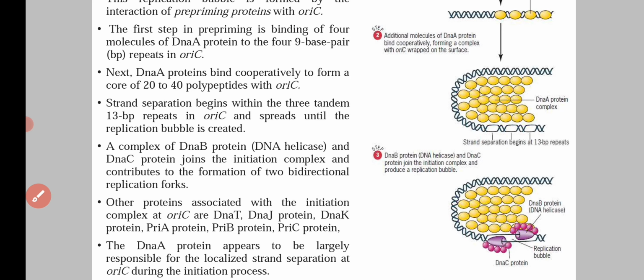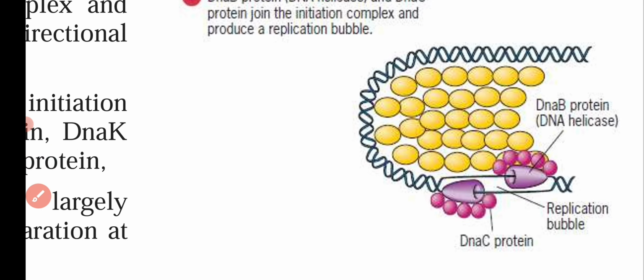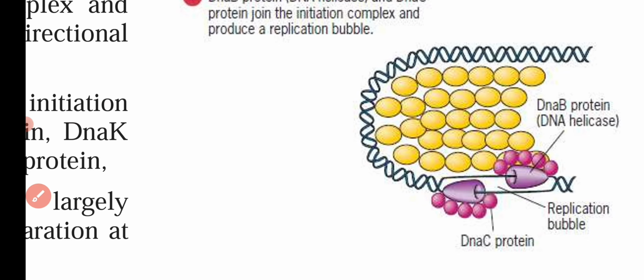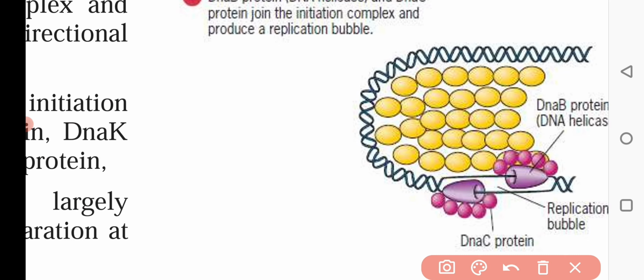So these DnaA proteins first start the opening of the 2 DNA strands, and when the 2 DNA strands open up, then the 2 molecules of DnaB proteins join here. DnaB protein is nothing but DNA helicase. It is the enzyme which starts opening of the 2 DNA strands.